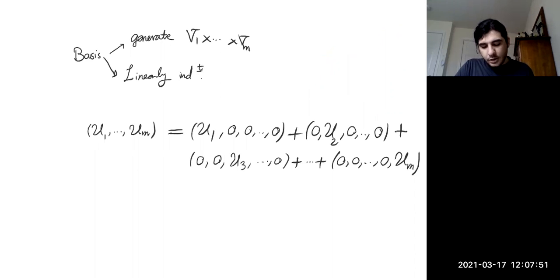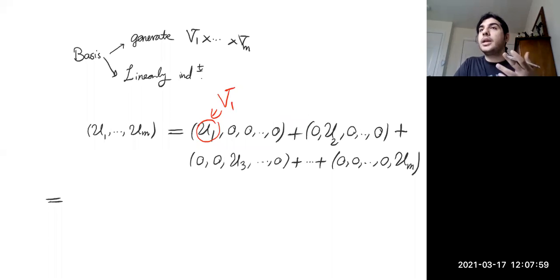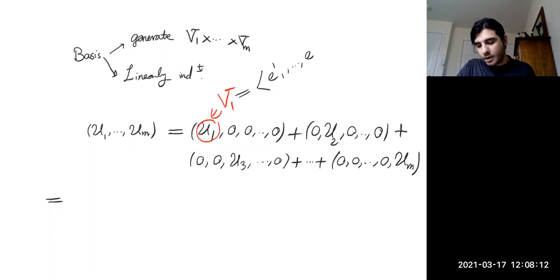And the important thing about u1 itself is that it's inside V1. So u1 can be written as a linear combination of the basis of V1. Remember, V1 can be generated by e11 up to e1 dimension of V1. This set was the basis of V1.